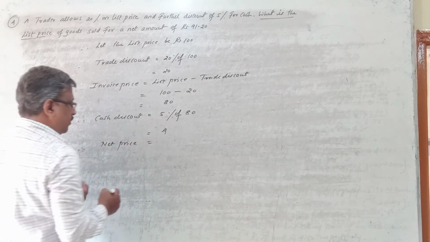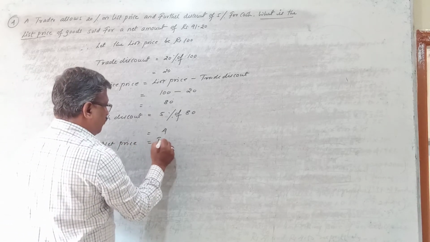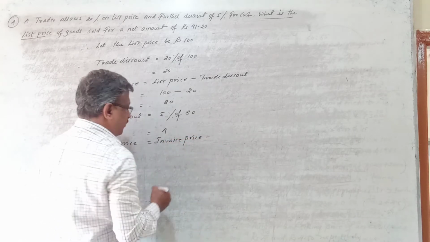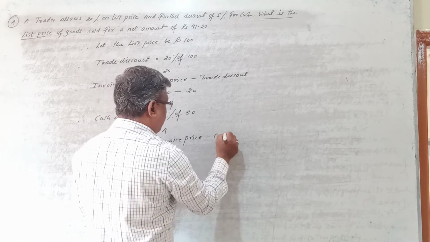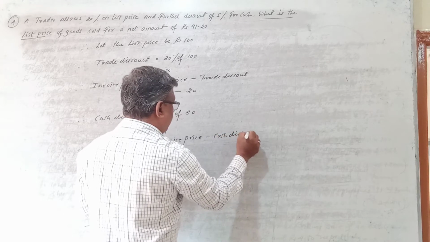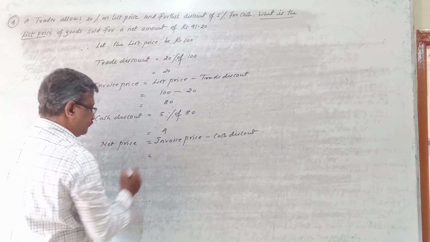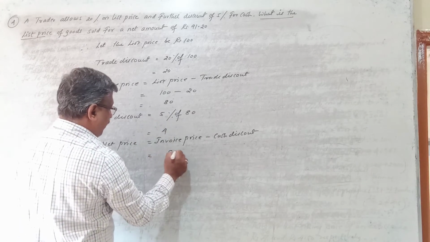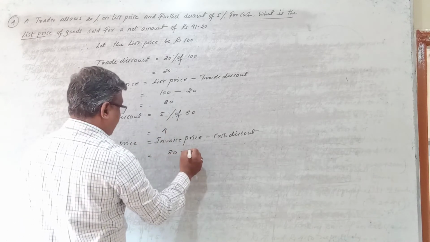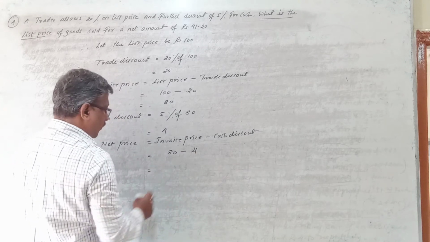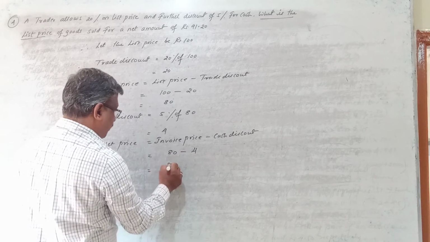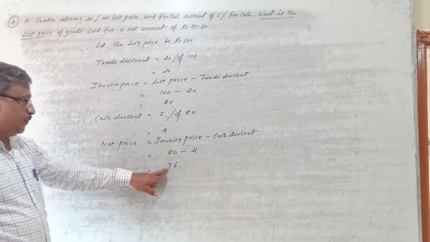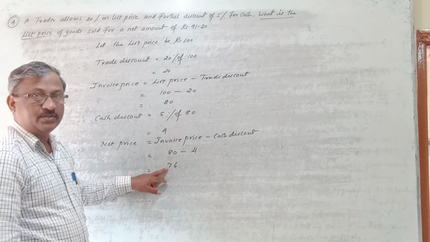Net price is equal to invoice price minus cash discount. 80 minus 4 gives 76 rupees. So 76 rupees is my net price.